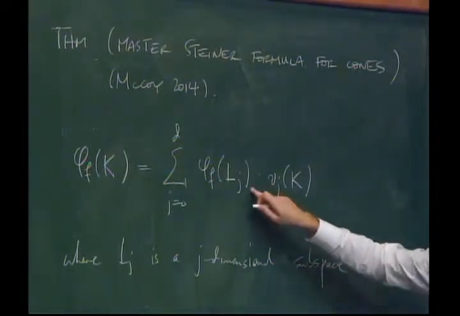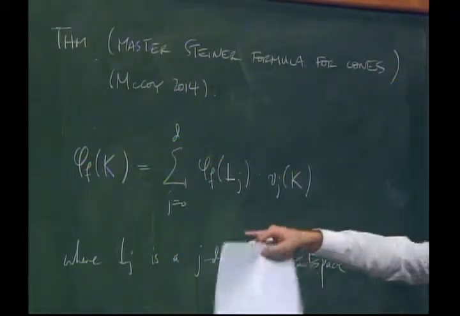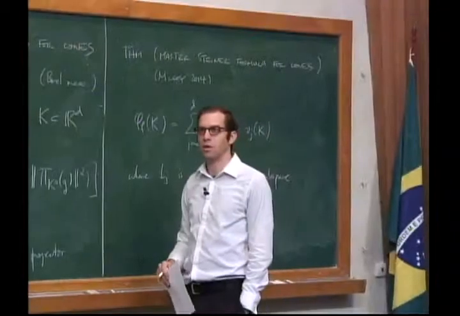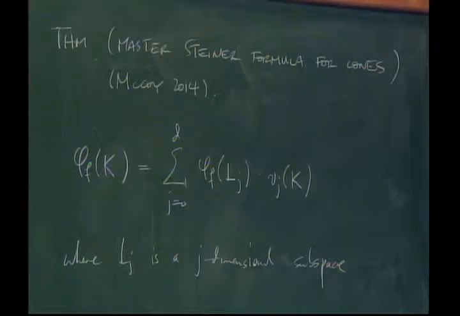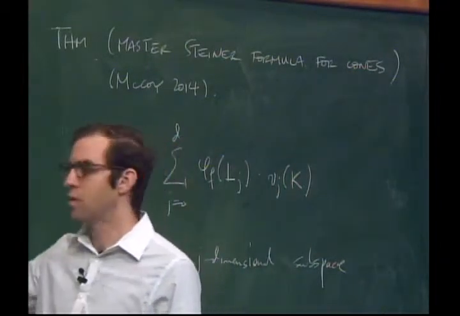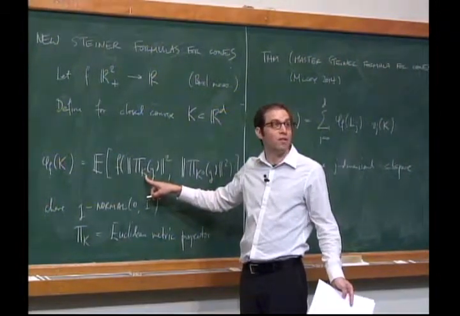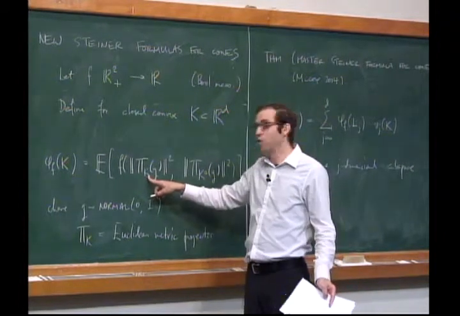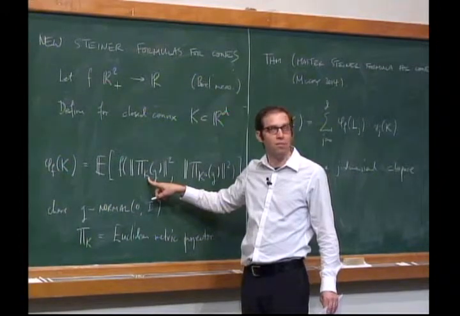And the great thing is that these things are usually not so hard to calculate. So it doesn't matter because of the rotational invariance of the Gaussian. And equivalently, so what happens when you project a Gaussian onto a j-dimensional subspace? You really do get a Gaussian of j dimensions. And then when you take it squared norm, you get a chi-square variable with j degrees of freedom.